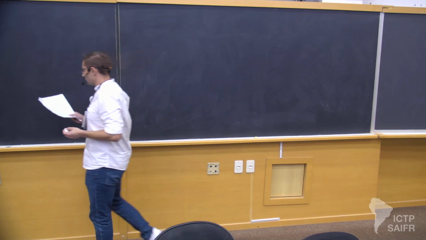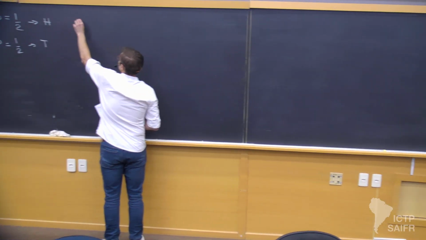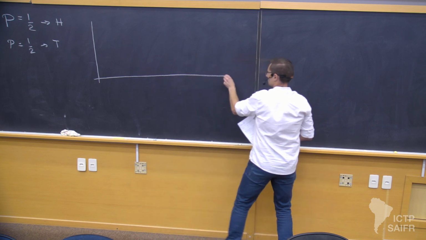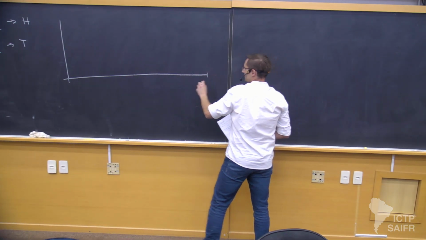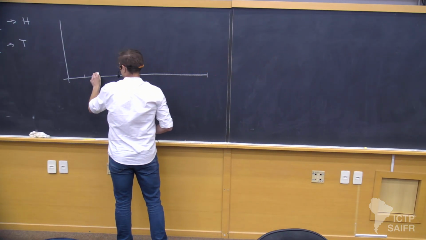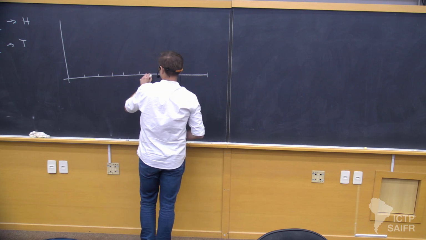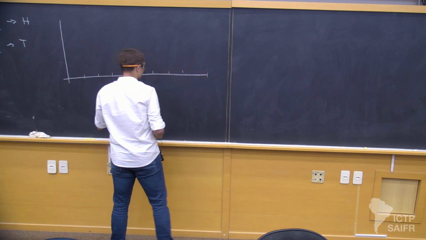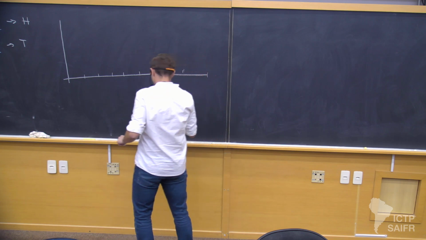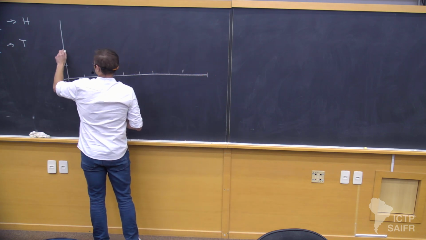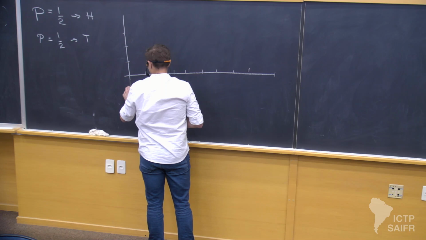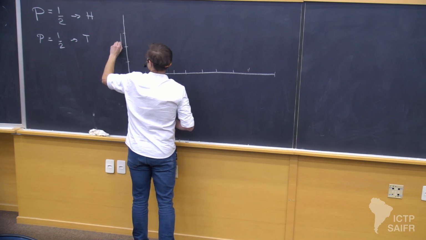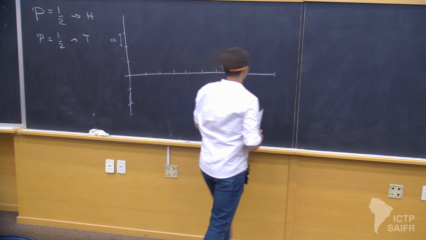The next thing that I can do is define a one-dimensional discrete space, with spacing A. Let me put here the space A, and this is going to be the time.